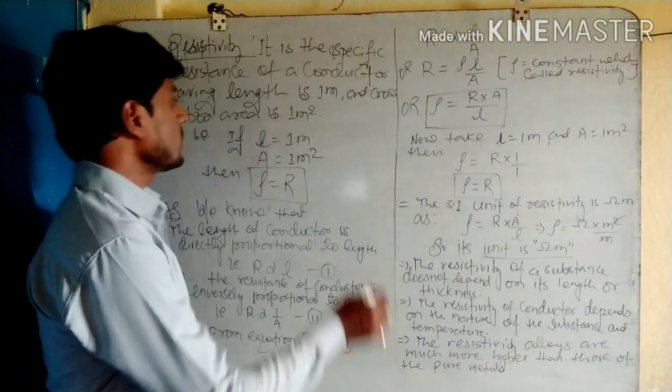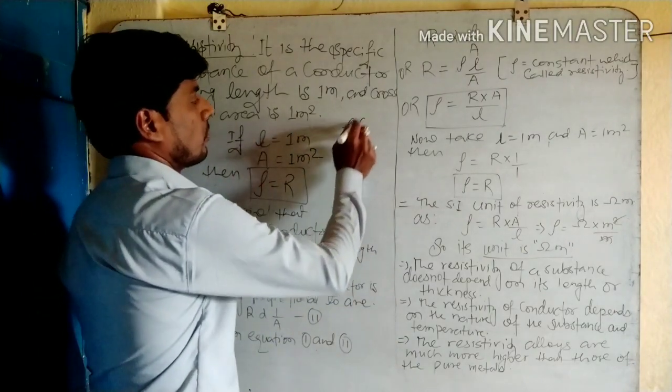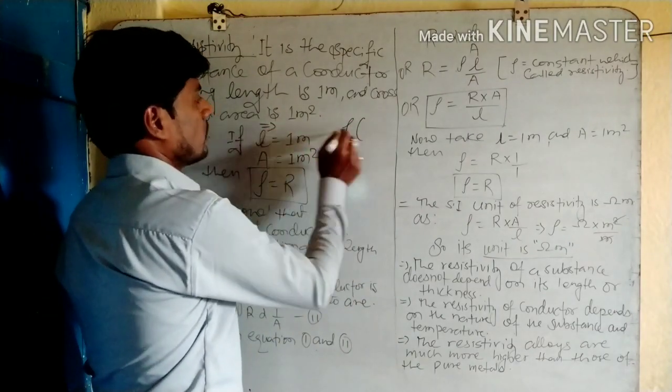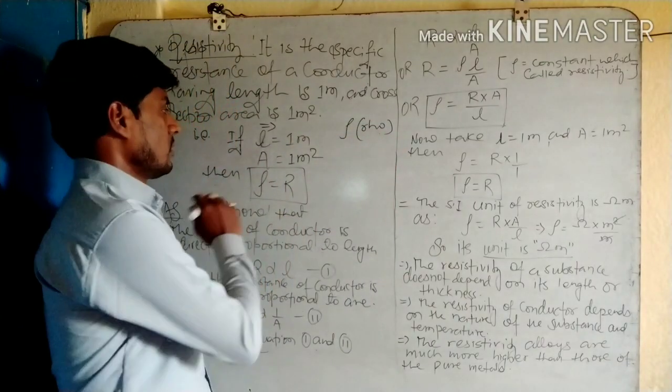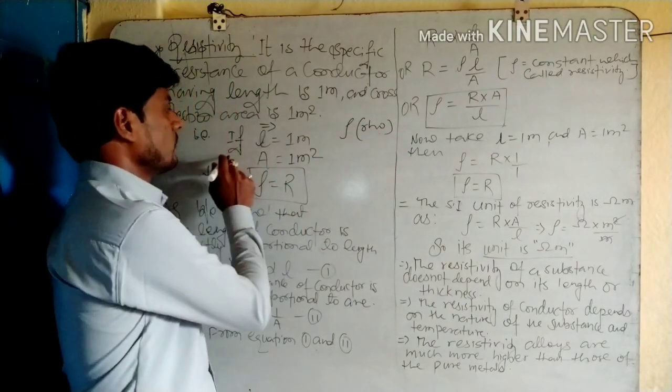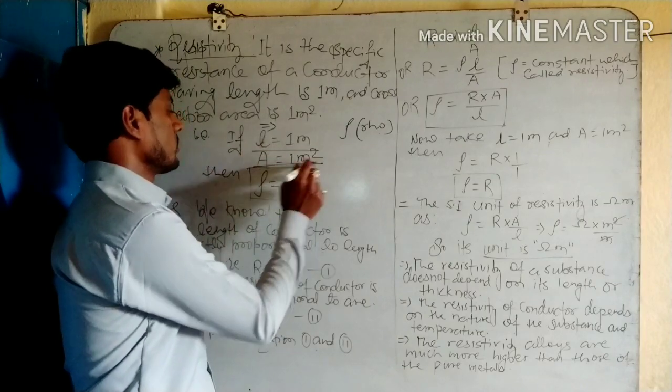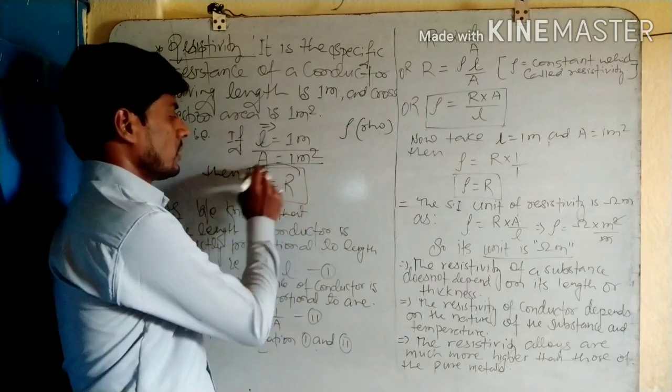Resistivity is denoted by rho. So if length is 1 meter and area is 1 meter square, then rho is equal to resistance.